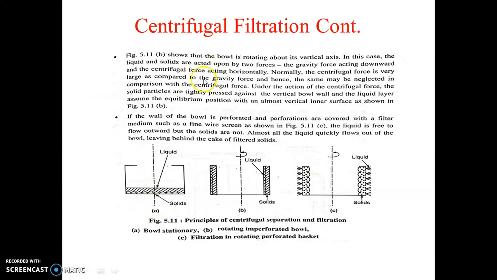In the second case, the bowl is rotated about the vertical axis. This is the vertical axis, and the bowl is rotated in this direction. There are two forces acting on this slurry, liquid and solid. The first one is the gravity force and the other one is the centrifugal force. Gravity force acts in a downward direction, and centrifugal force acts in the horizontal direction.